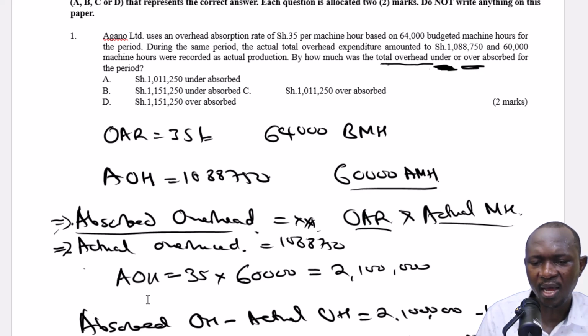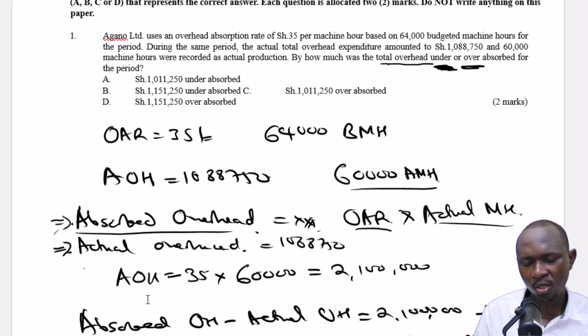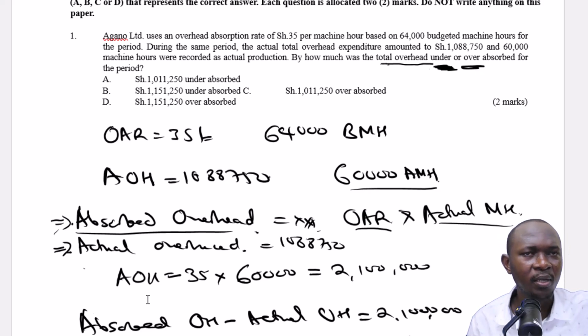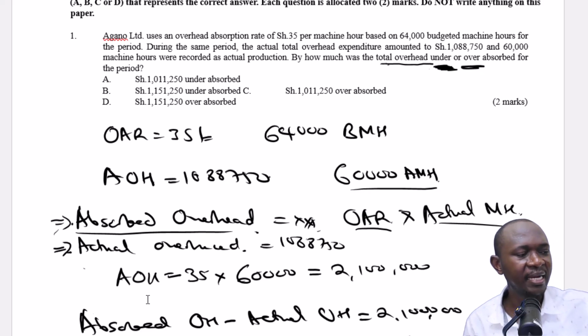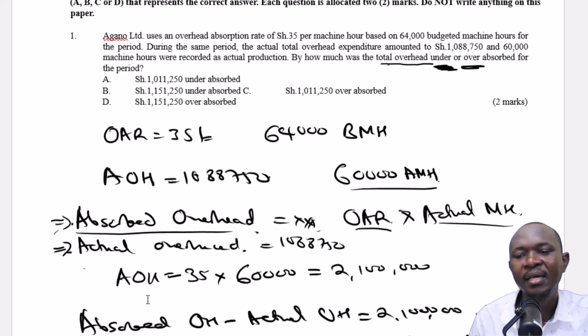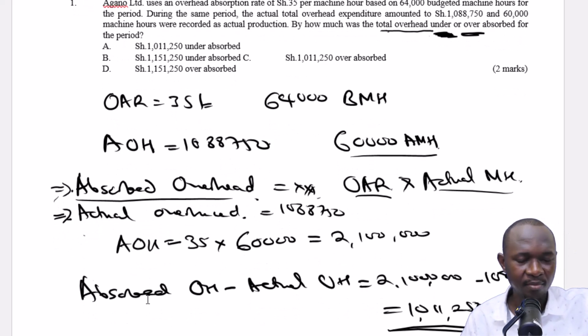Is it an under or over absorption? Normally we compare the absorbed overheads versus the actual overheads. When the absorbed overheads are greater than the actual overheads, it becomes an over absorption. And when actual overheads are greater than the absorbed overheads, it becomes an under absorption.